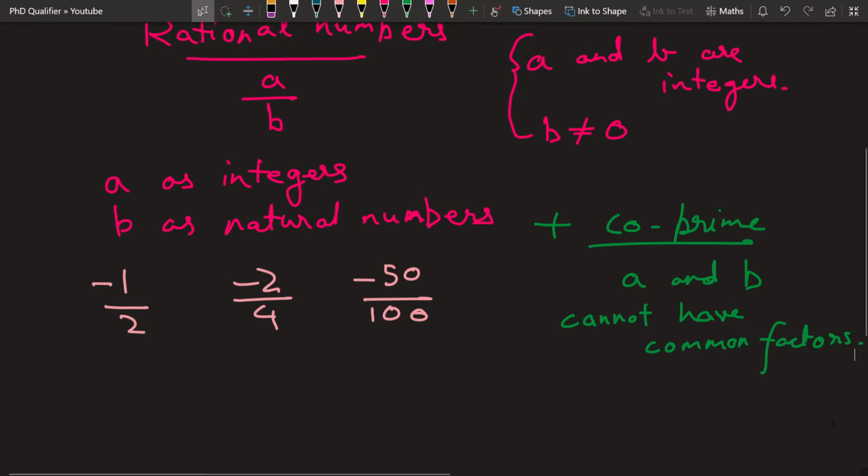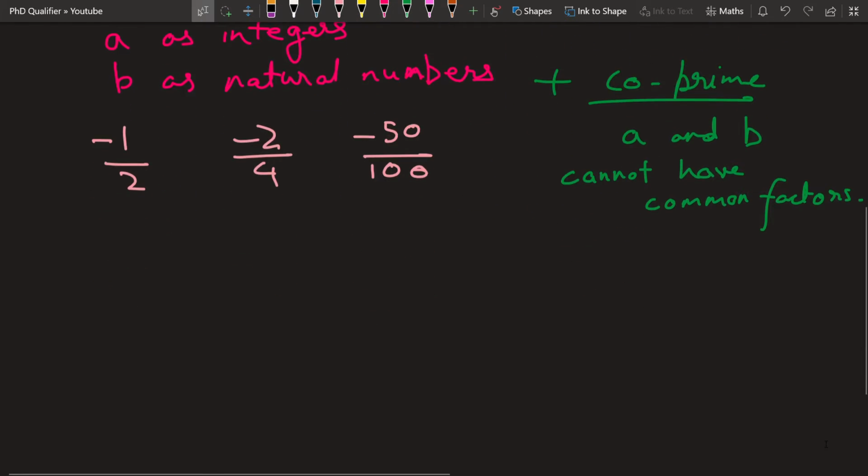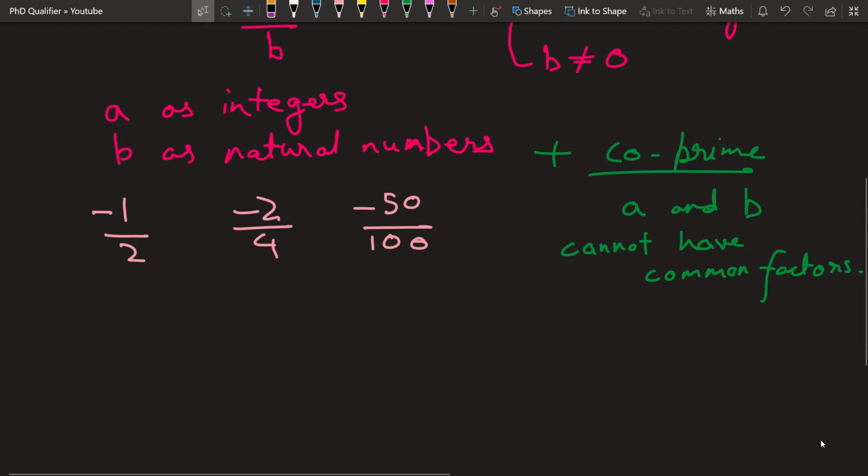What do I mean by that? It's very simple. They both should not be divisible by anything other than 1. Both of them should not have the same factors.